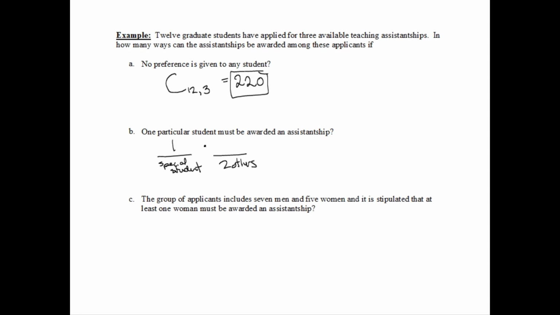Only 1. For whatever reason, 1 student has to be chosen. Now, how many are left? Well, he's one of the 12, and so that means there's 11 left to choose from. So out of those 11, we're going to choose the other 2 to get the assistantship. So this time we only get 55 possibilities.